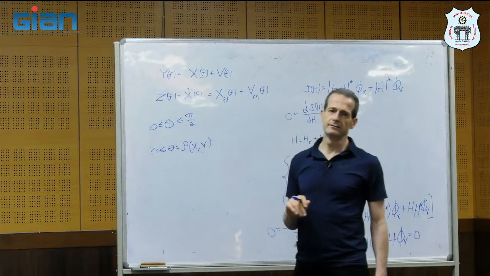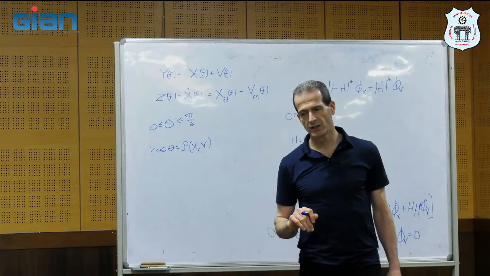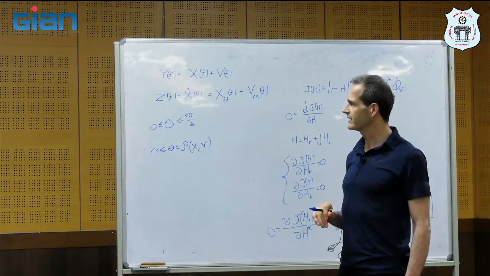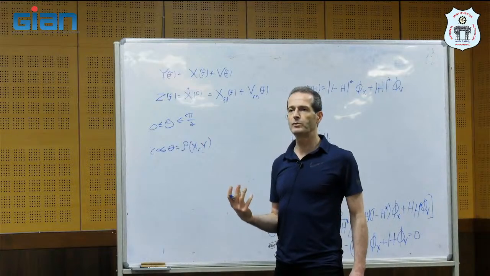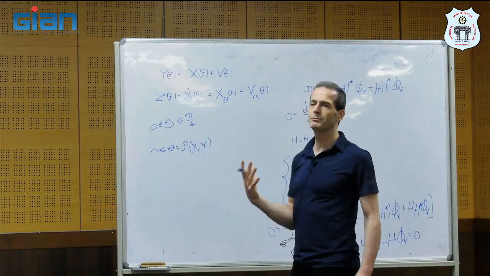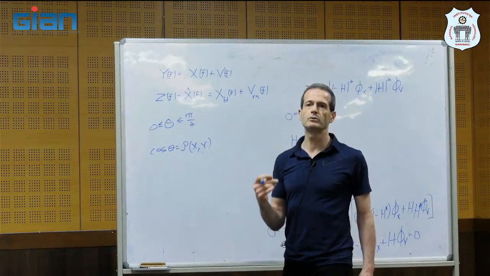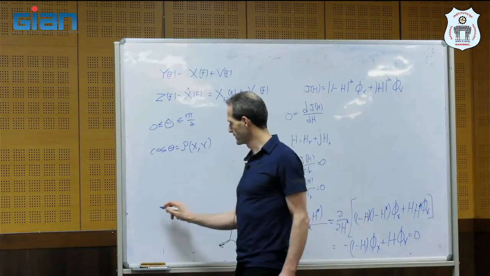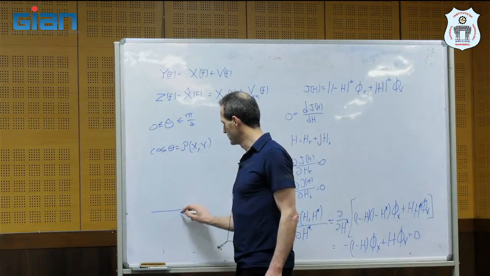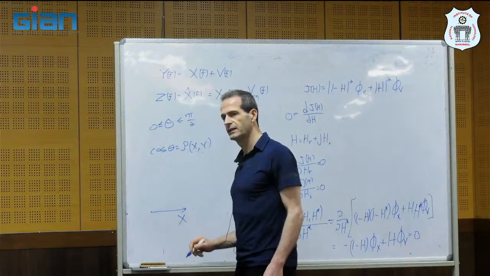Why do we need it? The way we need it is the definition. We can define this theta, but also, when we want to represent signals, sometimes we represent signals as vectors. So suppose that we have a vector x. This is the desired signal.